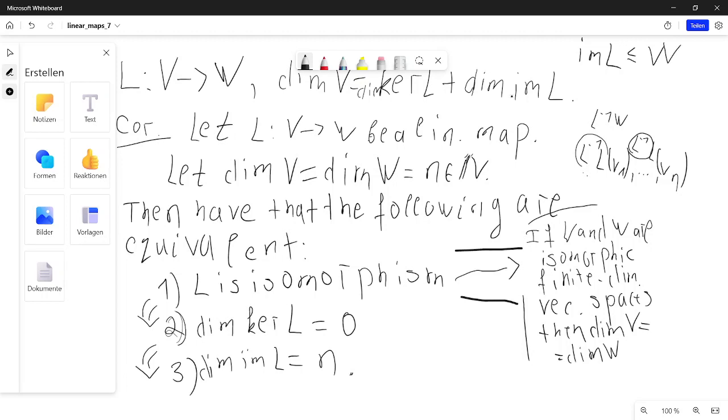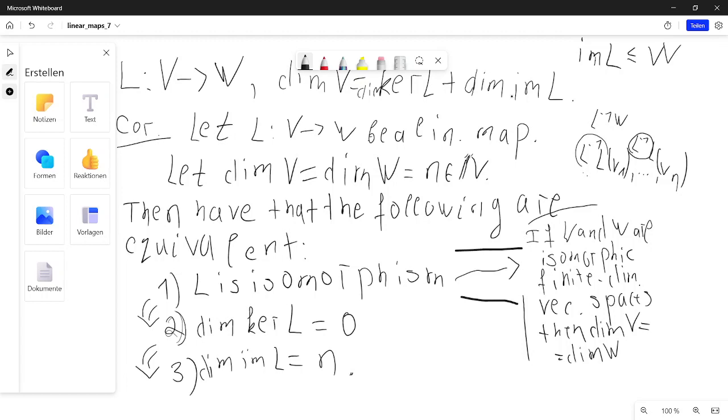And now the dimensions are equal. So, since linear independence is given, use the replacement of vectors in the basis, and you would see that the basis of the image already is a basis of W, and with that the equality follows.